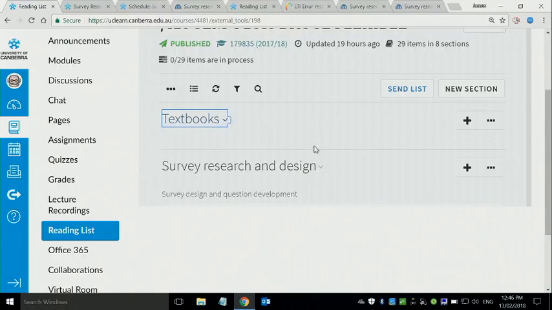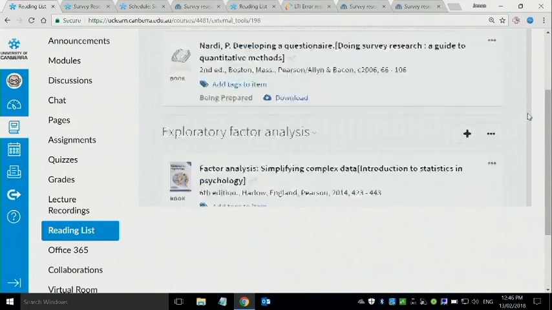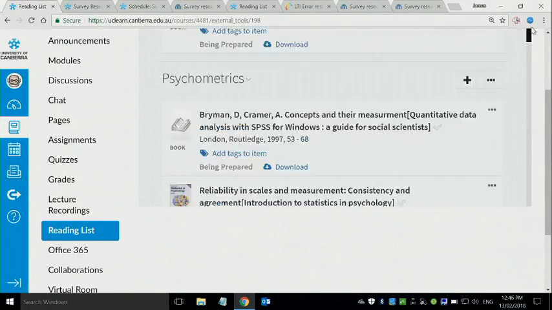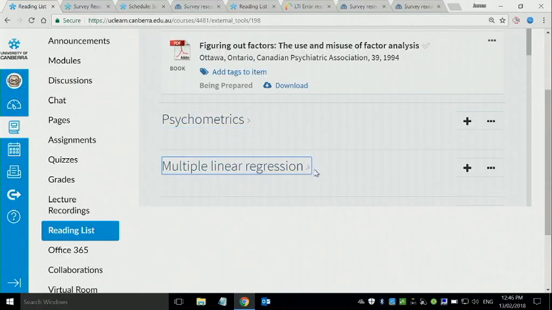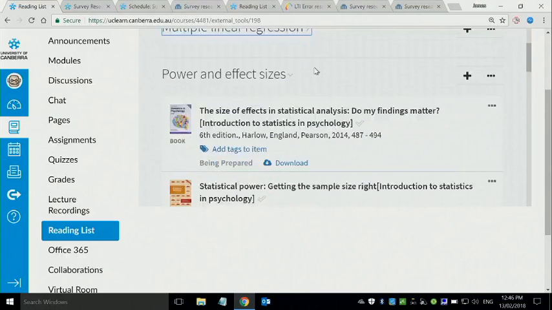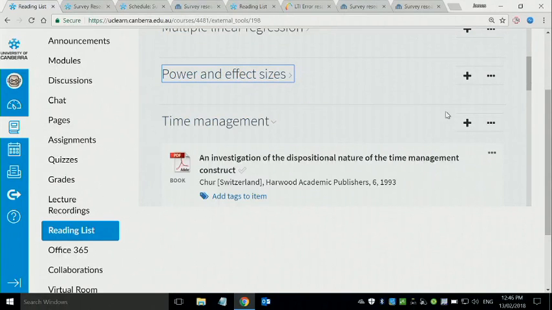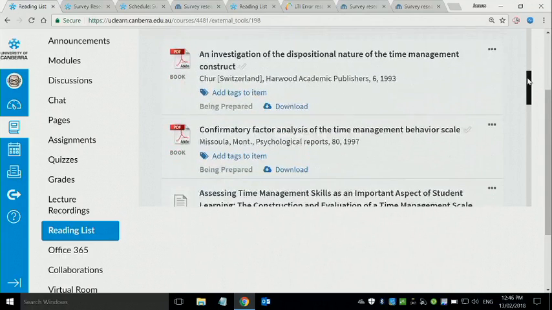And once you get access, you'll see that the readings are listed in categories, and the last two categories are here: there's a category for time management.